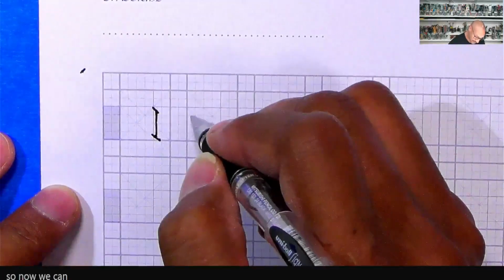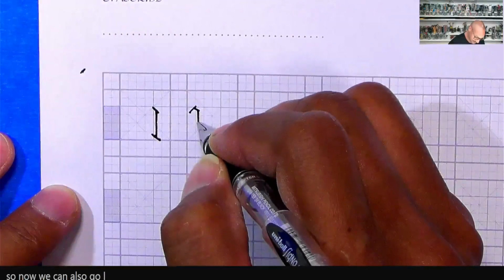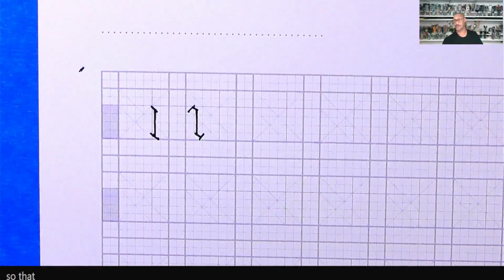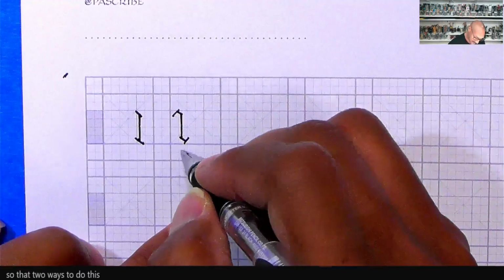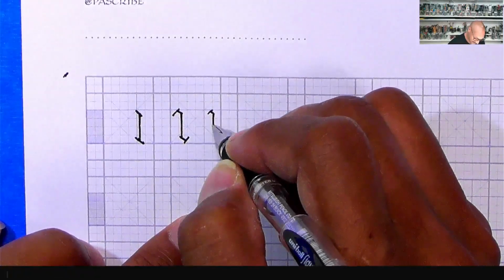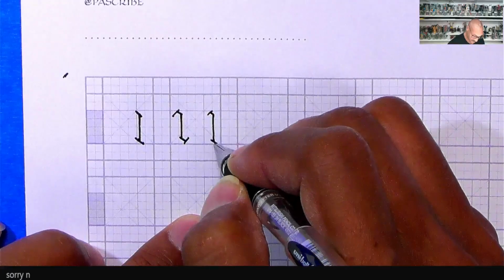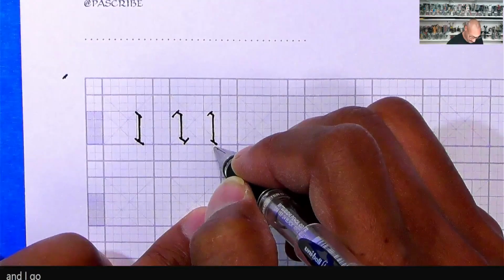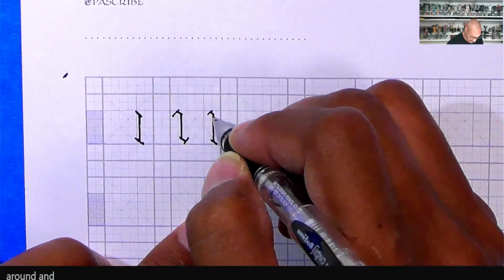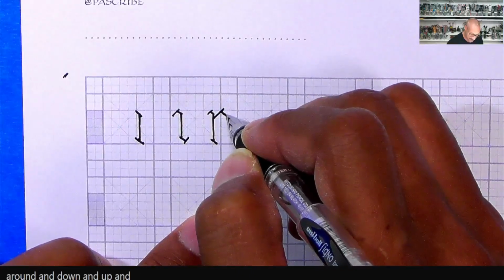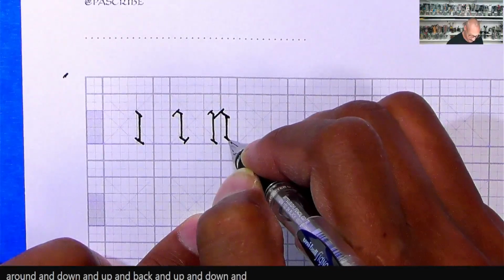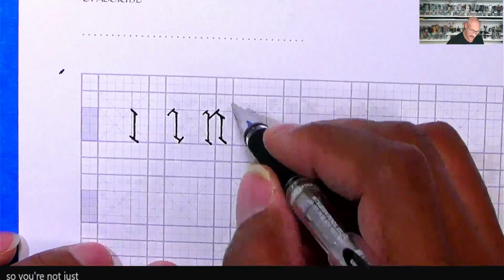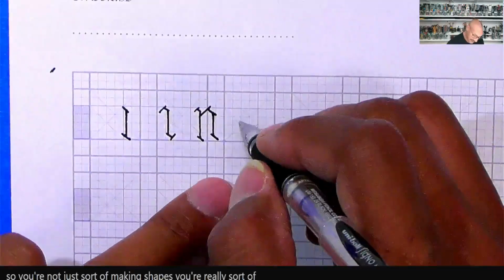So now we can also go I, so there are two ways to do this. N. Notice I'm here. And I go around and down and up and back and up and down and out and out. So you're not just sort of making shapes, you're really sort of planning the movement.